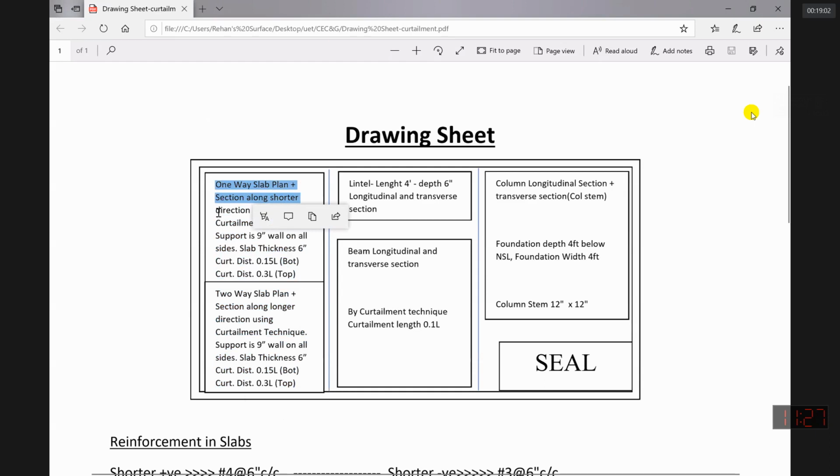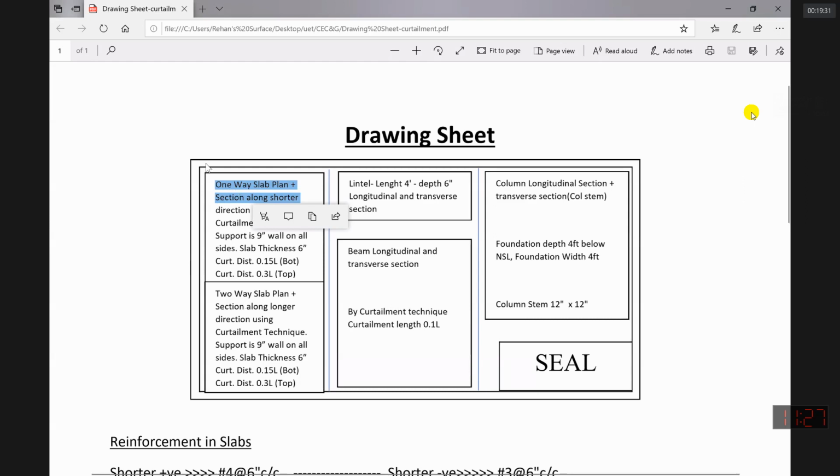Now, provided that supports are on all four sides, then we would decide depending upon the dimensions that the slab is either one way or two way. Supports on all four sides would mean that either there are walls on all four sides or there are beams on all four sides, right?